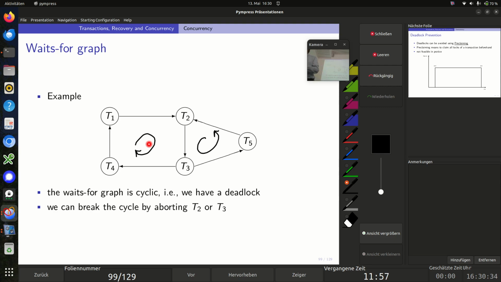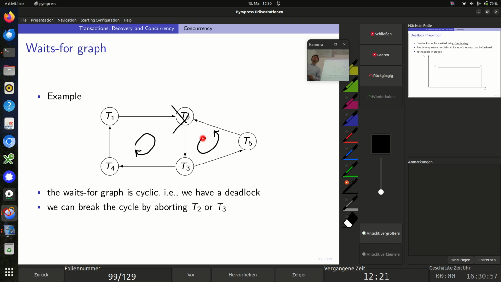For example, if we kill T2, T5 can get all the resources it needs, and also T1, and all the dependencies are resolved. So you create a wait-for graph, and then you know which transaction to kill.